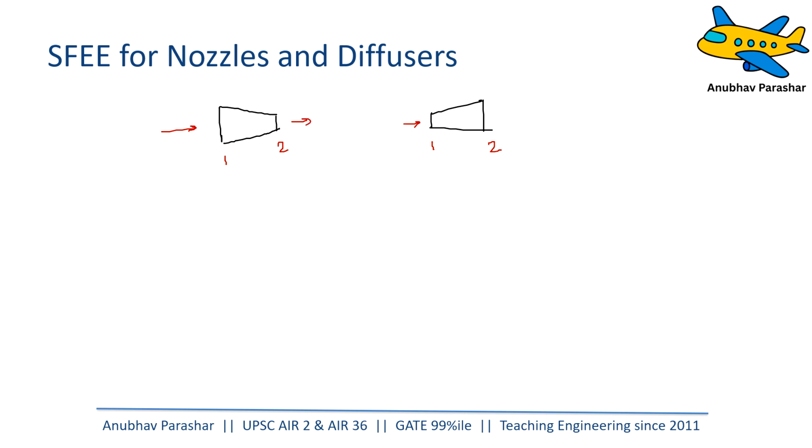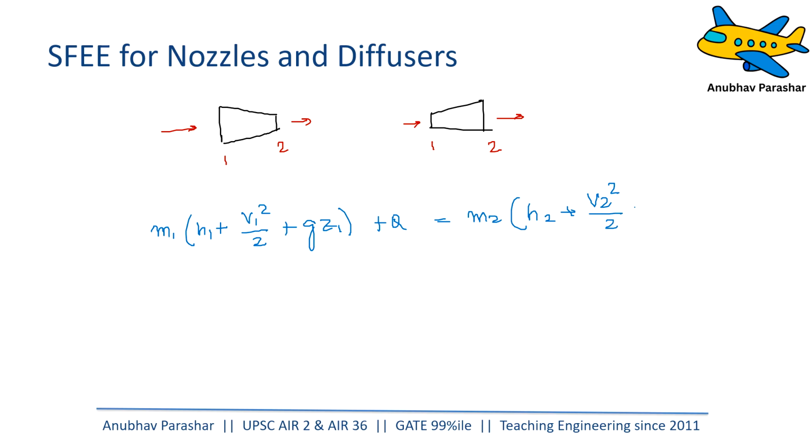If we want to write down the steady flow energy equation, simply it is going to be m1 (h1 plus v1 square by 2 plus g z1) plus q is equal to m2 (h2 plus v2 square by 2 plus g z2) plus w.